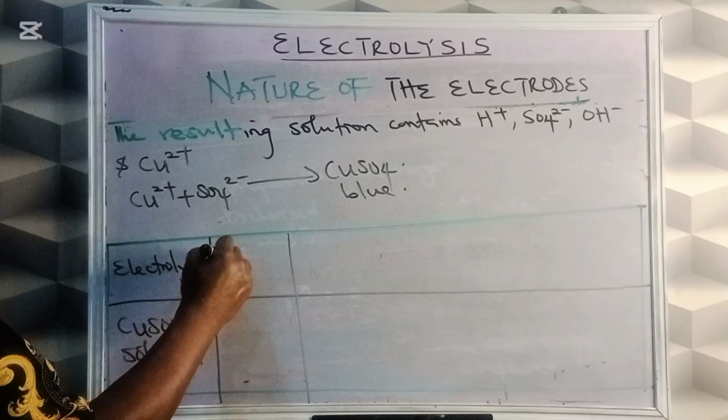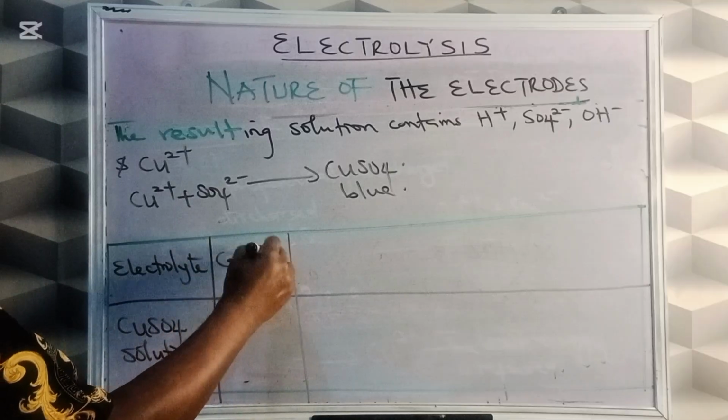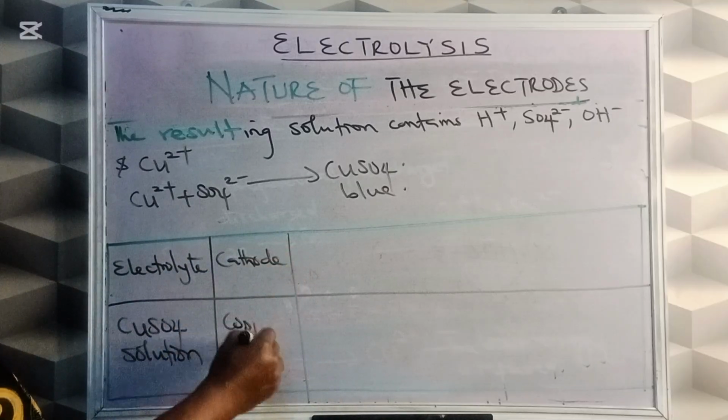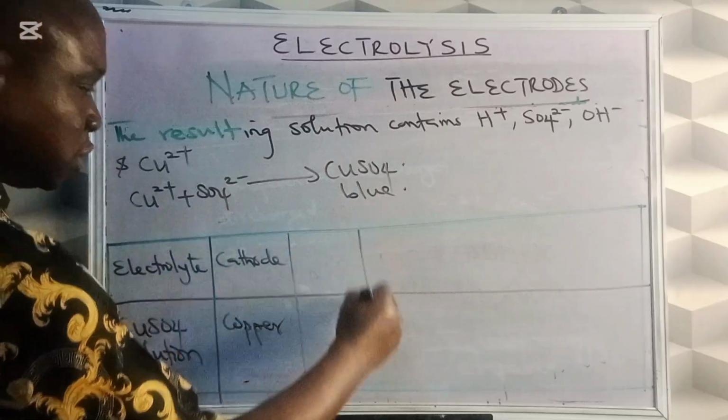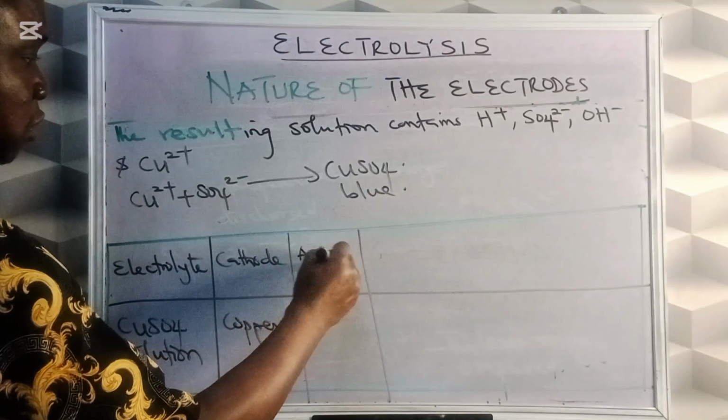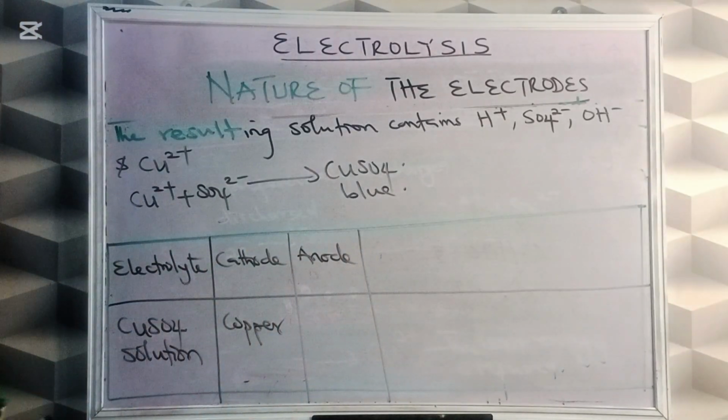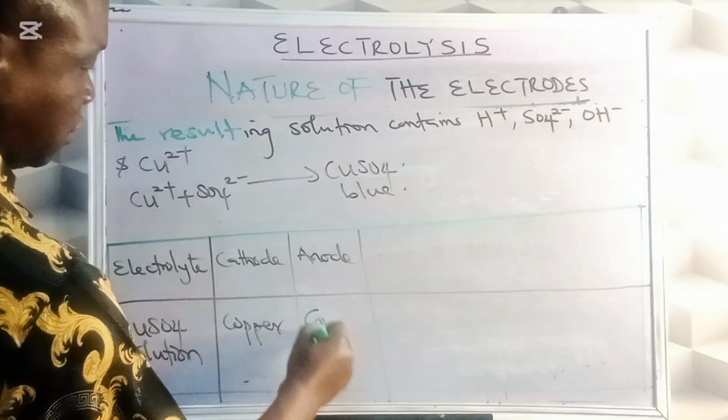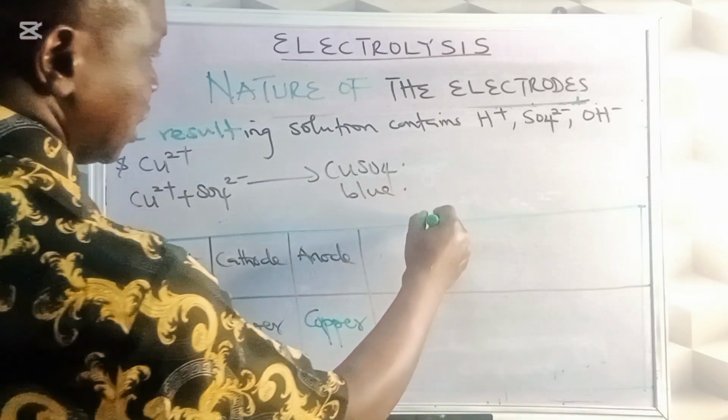You have the cathode, it's made of copper. We have the anode, it's made of copper.